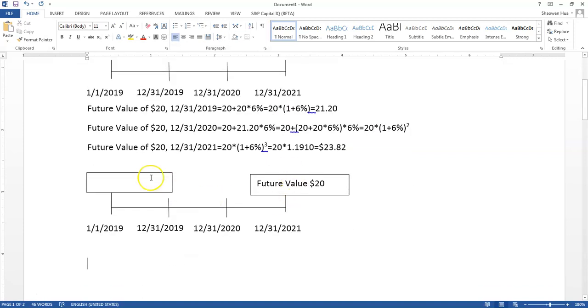And if we want to find the present value of a future amount, we use division. So the present value of that $20 in the future is calculated by 20 divided by 1 plus interest rate to the power of 3 years.